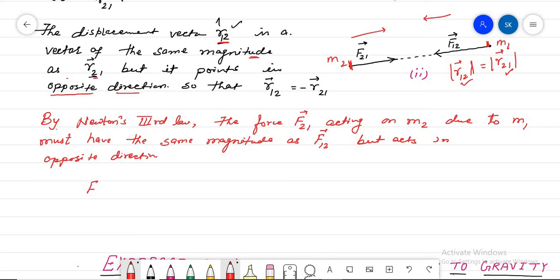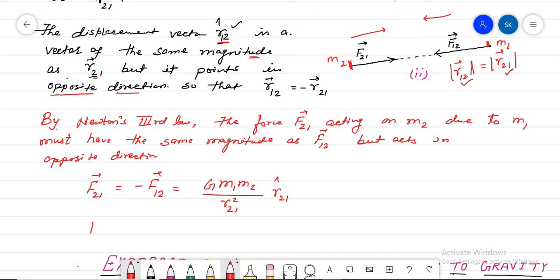You can write F21 is equal to minus F12, and this one is equal to G M1 M2 upon R21 square of this one and the unit vector of R21.